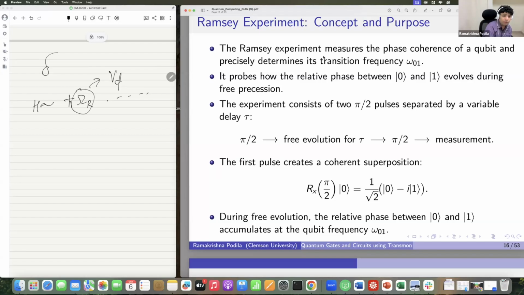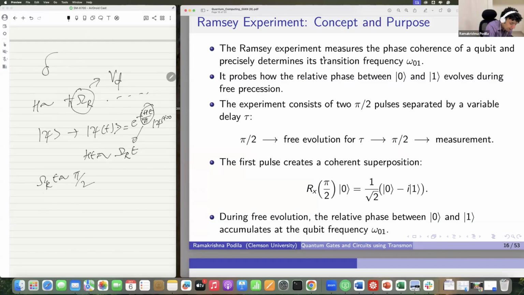If I have a state psi, it's going to evolve at time t based on e to the power minus iHt by h bar times psi at t equal to 0. So this Ht would have terms that look like sigma r t. So when we say pi/2 pulse, what we mean is that sigma r t is pi/2.